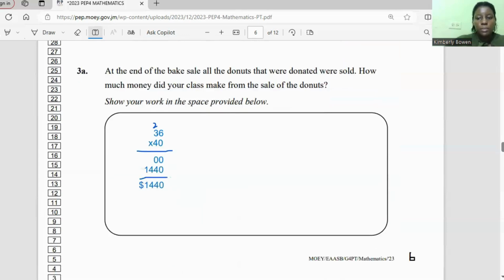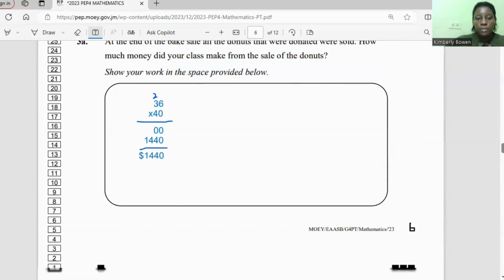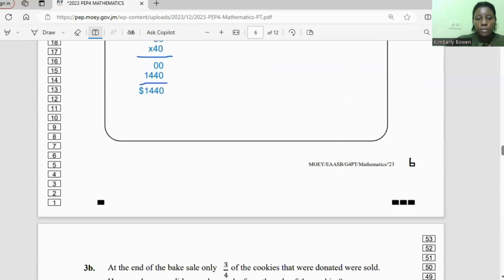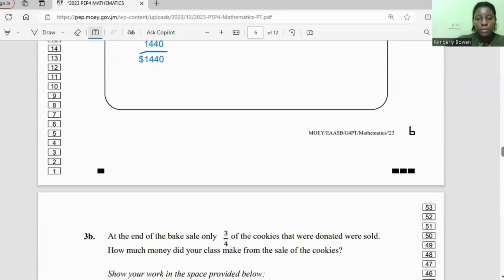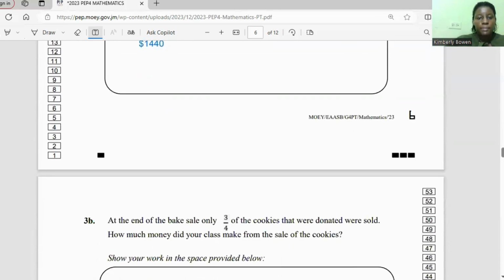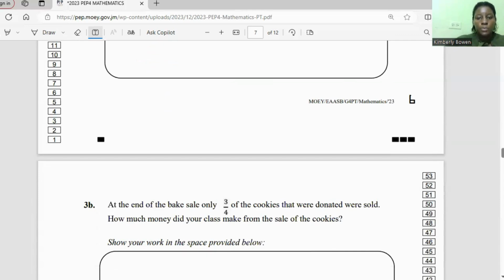Let's move on to 3B. At the end of the bake sale, only 3/4 of the cookies that were donated were sold. How much money did your class make from the sale of the cookies?